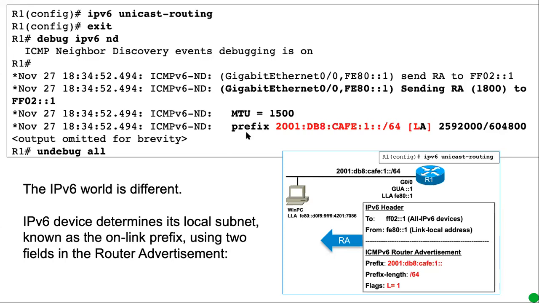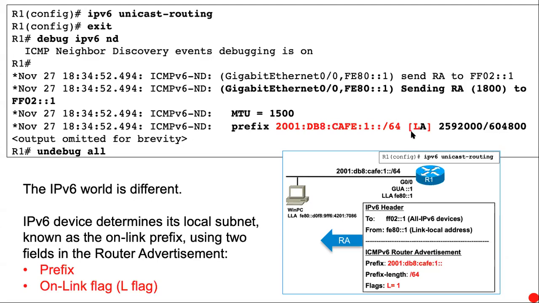The router advertisement includes a prefix, which we see here in red, and the on-link flag, the L flag, also in red. When we see these two together, this is the router telling end devices, this is the prefix that the end device belongs to.